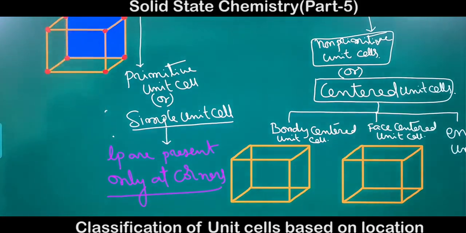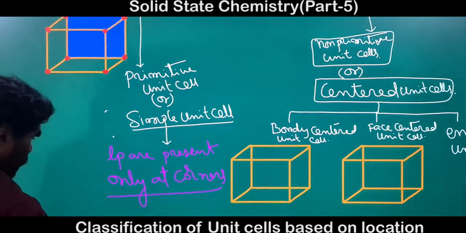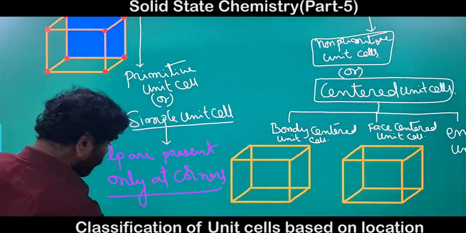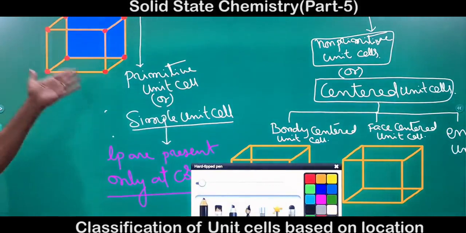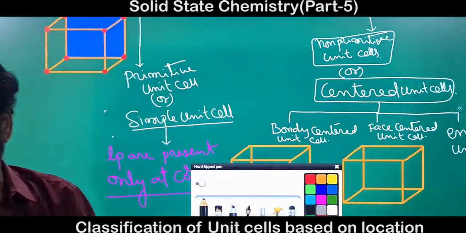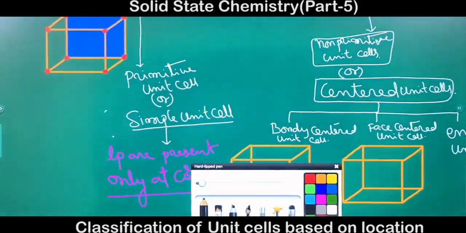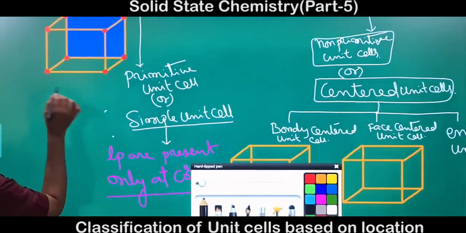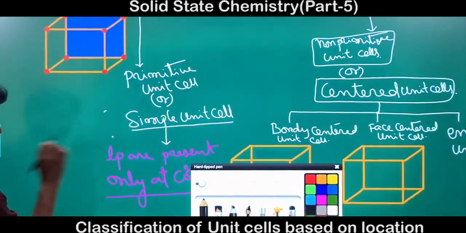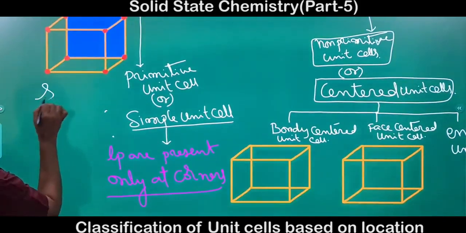This is called the simple cube. Sorry, the simple unit cell, I am sorry. It is not a cubic system. It can be a cube or cuboid or tetragon, whatever it is. Let me write the simple unit cell.